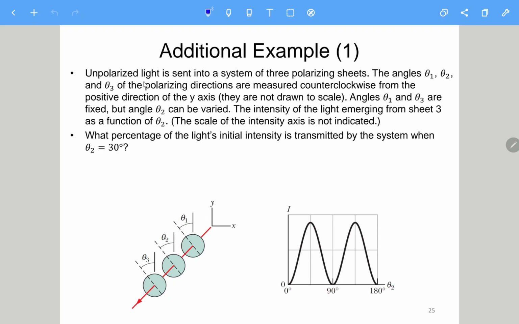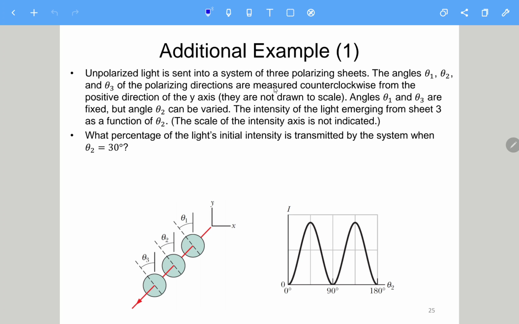Unpolarized light is sent into a system of three polarizing sheets. The angles theta 1, theta 2, theta 3 of the polarizing directions are measured counterclockwise from the positive direction of the y-axis. So this is the positive y-axis, and here to here is theta 1, here to here is theta 2, here is theta 3.